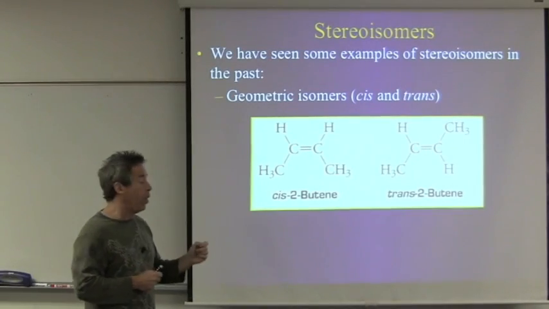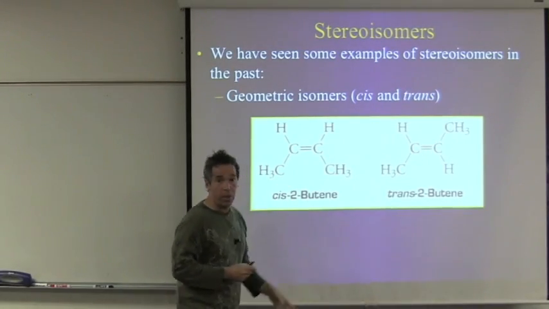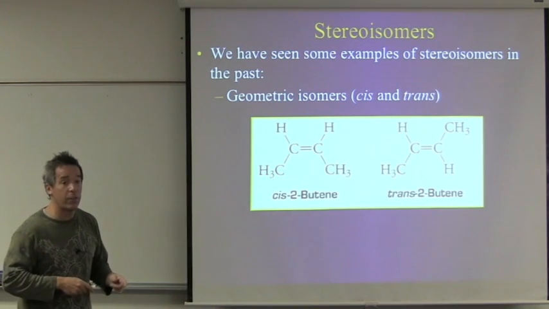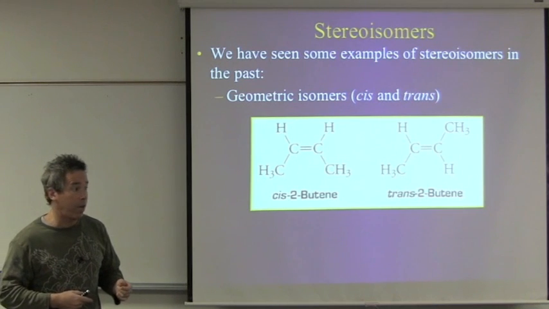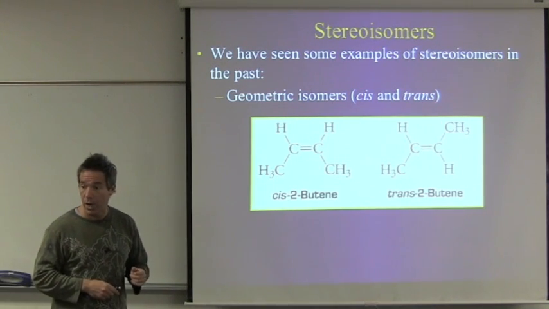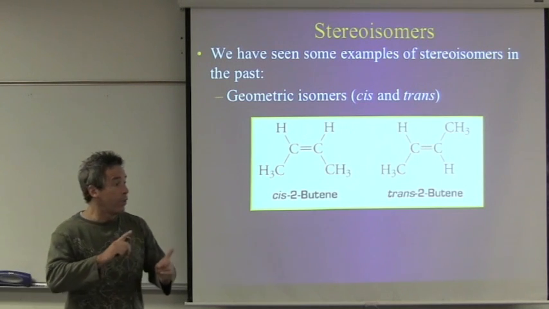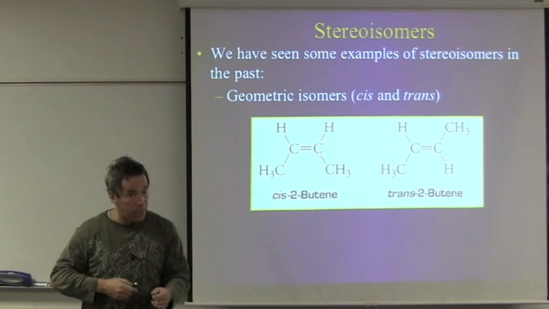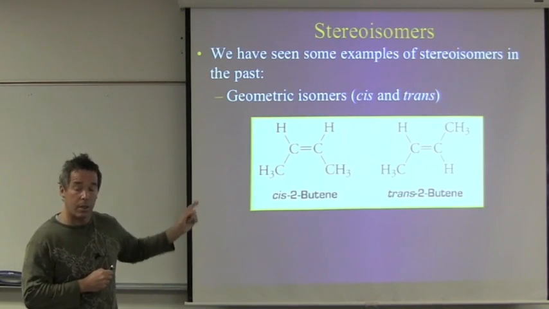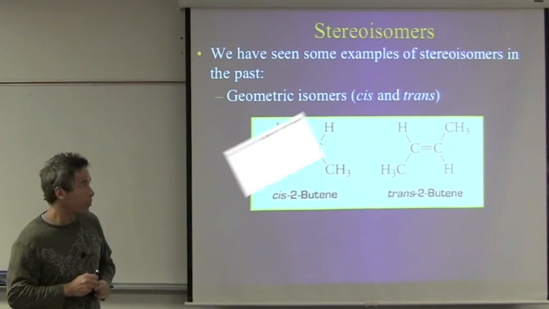Sometimes when you have a double bond, you could have a geometric isomer because double bonds can't rotate. We also saw geometric isomers in cycloalkanes. When we have a couple substituents in a cycloalkane, that could be cis and trans also, for the same reason: those substituents can't rotate through the center of the ring. Restricted rotation causes geometric isomers to occur.